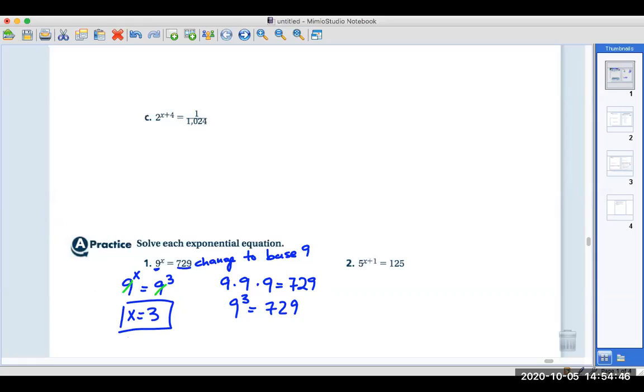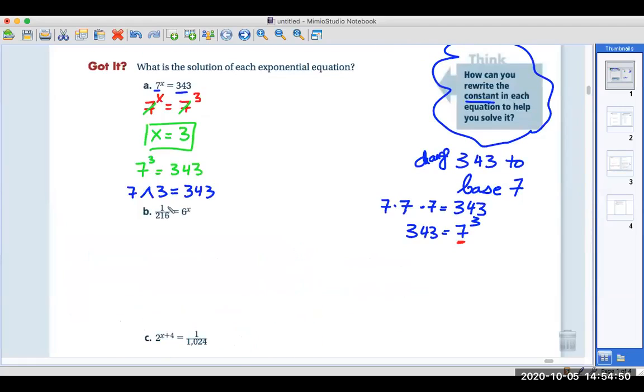Okay. Now we're going to look at a fraction here. Do you remember from, I believe it was 5 point, where you learned about negative exponents that turn into a fraction, right? So this is what's going to happen about the fraction, right? So we want to look at base 6. Take 216 first. Just take this number.